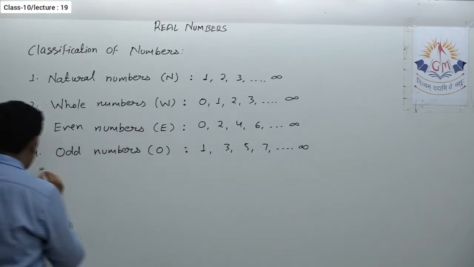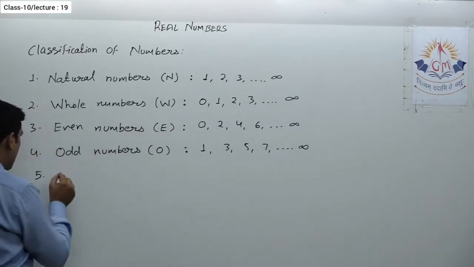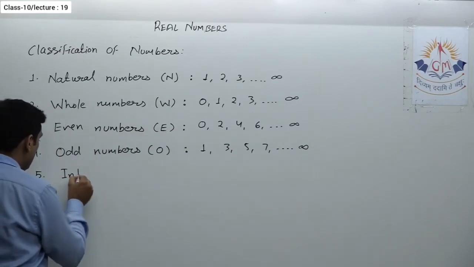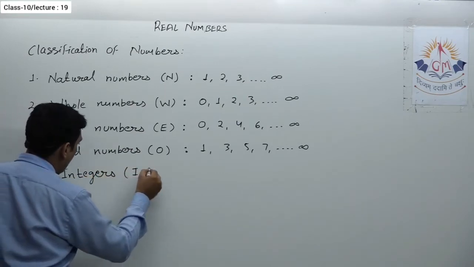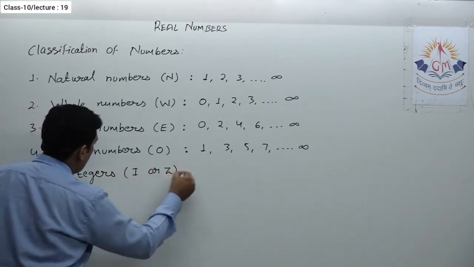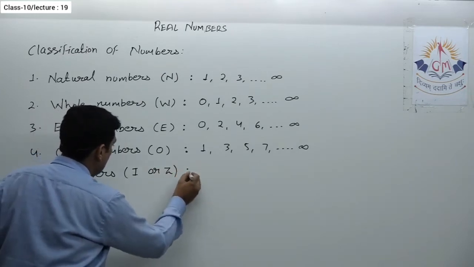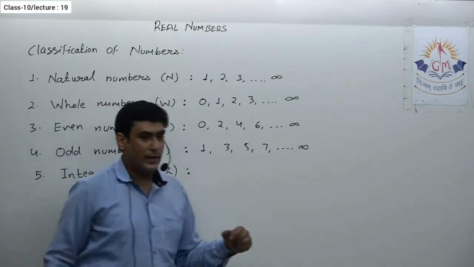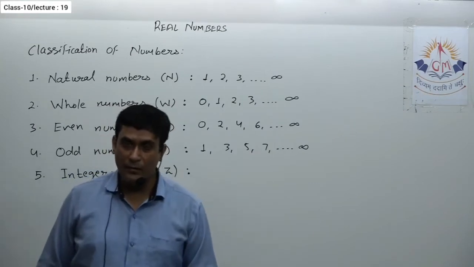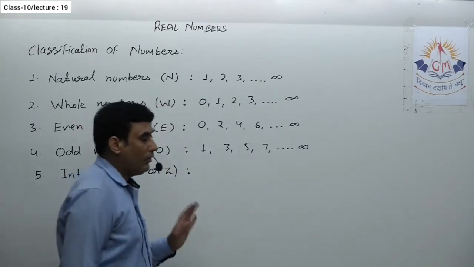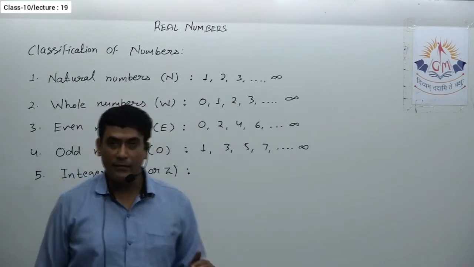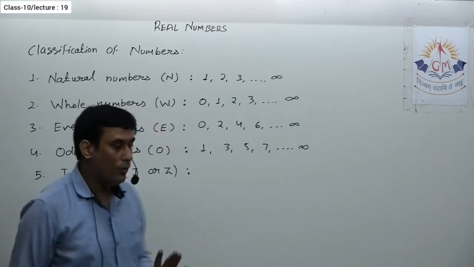Then we'll get positive numbers, negative numbers, but here next we will see integers. Integers are denoted by I or Z. Integers are a collection of negative numbers, 0 and natural numbers, or a collection of negative numbers and whole numbers.